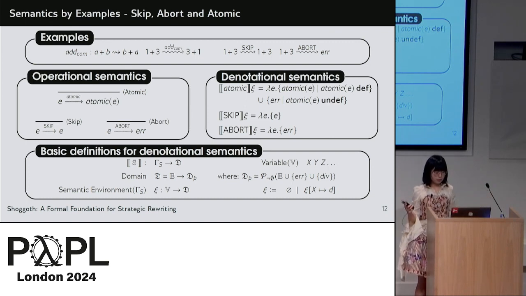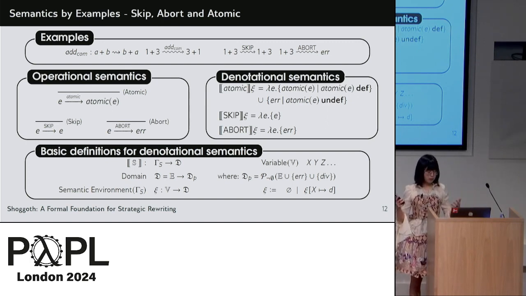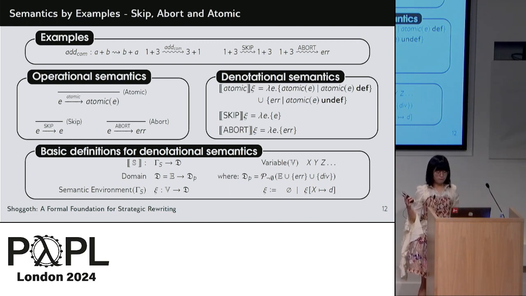To define the denotational semantics, the execution of a strategy takes in a semantic environment which contains mappings from variables to domains, and our domain is pointwise lifted from a Plotkin power domain, which is the non-empty power set of all possible outcomes of a rewrite. It can be an expression, error, or divergence.